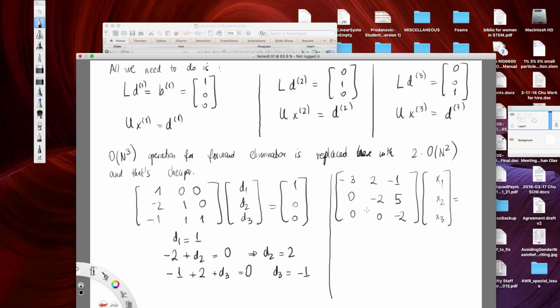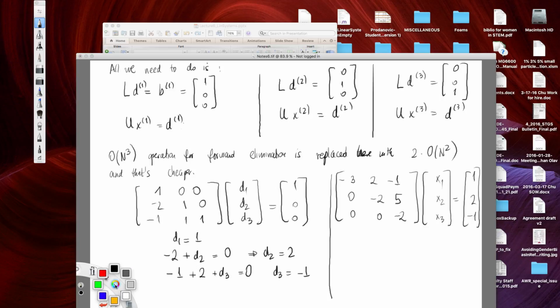And now I'm solving for this D: 1, 2, minus 1. So now I'm here, because I just found this. So that was this process, finding this. Let me actually outline those. So what is my x3?